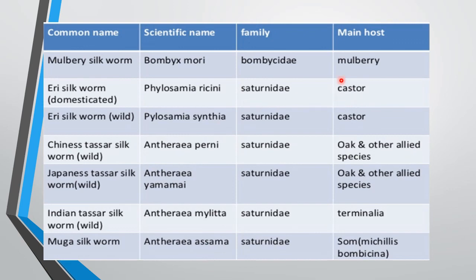Main host is castor. The Indian Tasar silkworm, wild, Antheraea mylitta. The family is Saturniidae and the main host is Terminalia. And the Muga silkworm, Antheraea assama, belongs to family Saturniidae and the main host is Som.